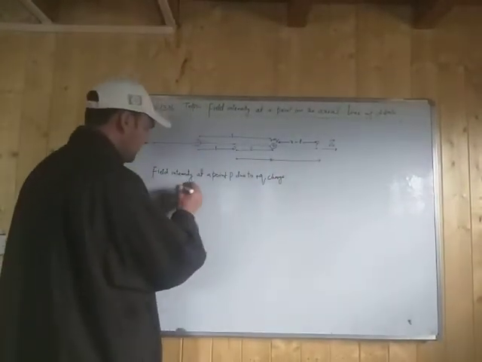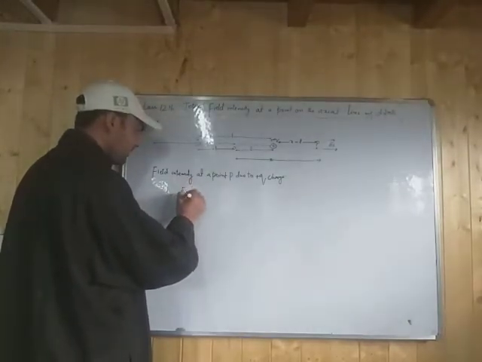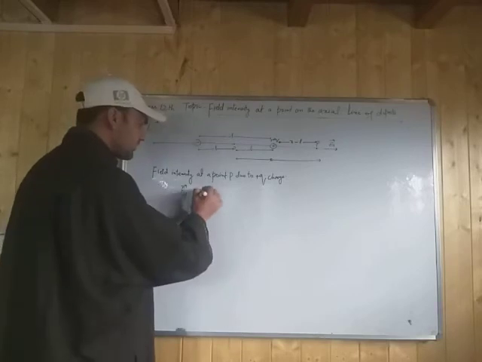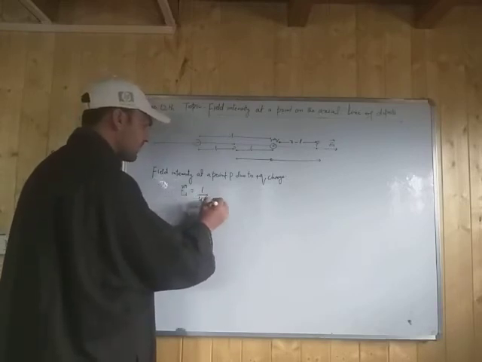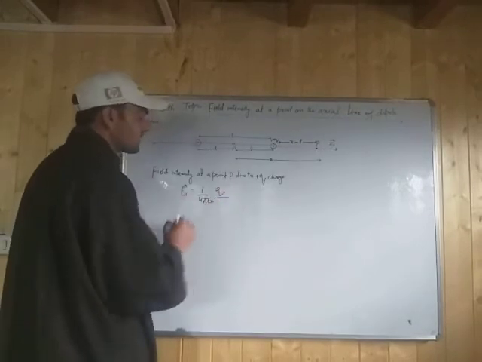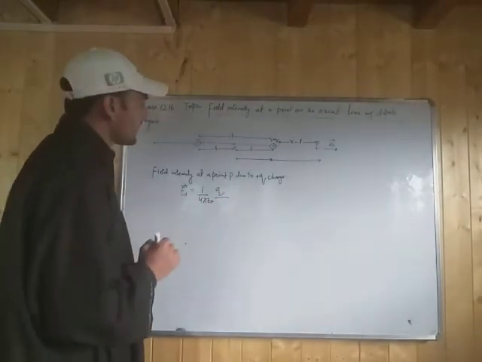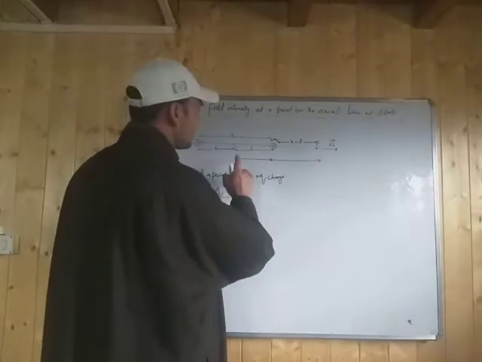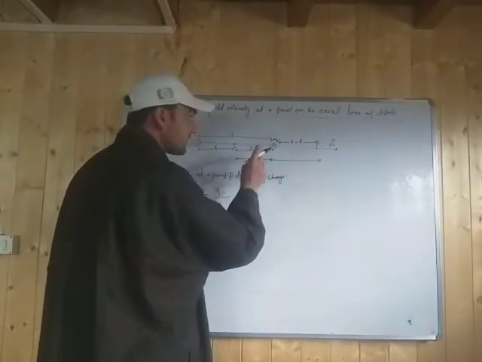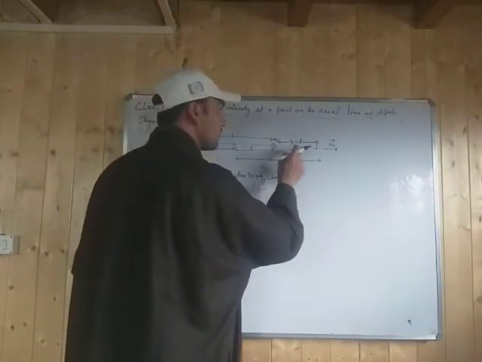That will be written in this way: E1 is equal to, according to that formula, 1 divided by 4 pi epsilon naught, Q divided by R square. Now, what is R here? The electric field is created by the positive charge, so we have to take the distance from this plus Q to point P.